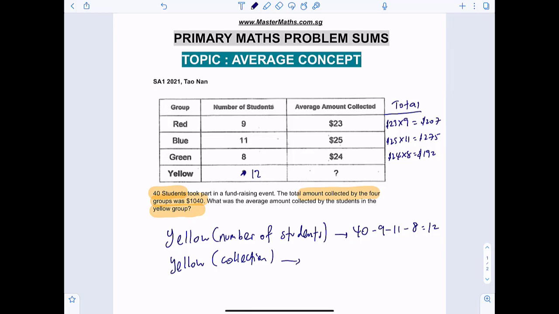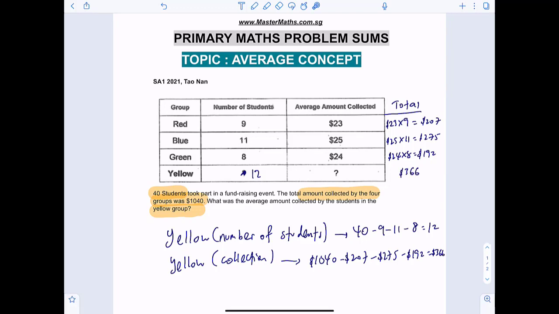Now this will just be $1,040 minus 207 minus 275 minus 192. All right, and we can find the total for the yellow group. $366. So over here should be 366.